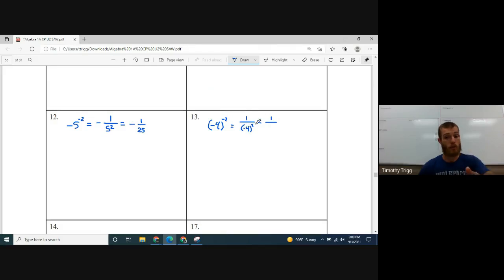Because it's -4 squared. So that would be +16, right? A negative times a negative is positive. So notice the difference between these two. If you have that negative outside not getting squared, that negative sticks around, doesn't it? But if the negative is getting squared, then that gets multiplied here as well. You can see sometimes it might turn out negative or positive. It's important where you put the parentheses, right?